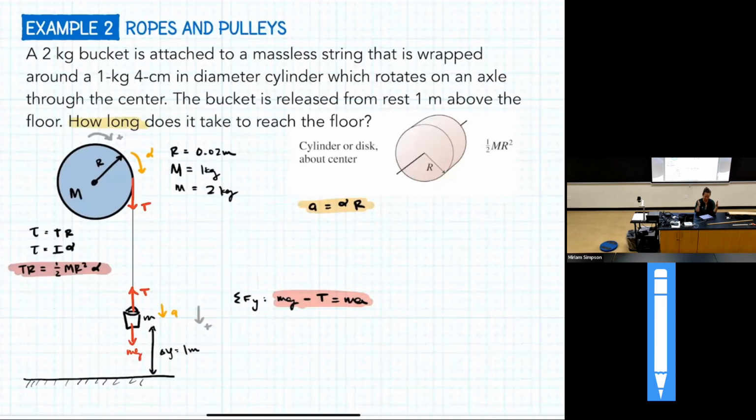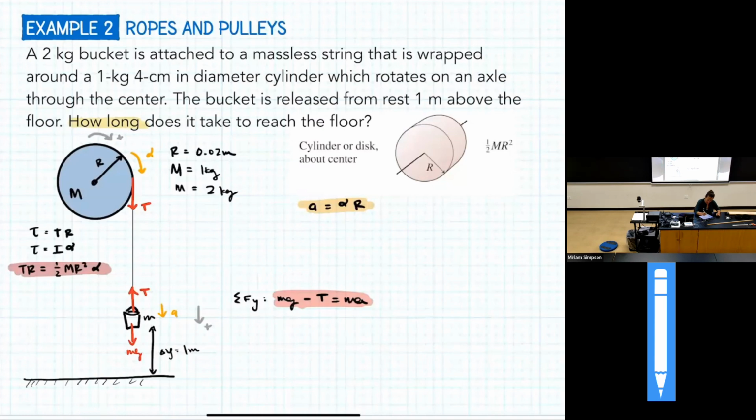So we have three equations. How many unknowns do we have? 3. So can we solve? And do we want angular acceleration or regular acceleration? Regular acceleration. So we're going to solve for regular acceleration, which is this. Okay. So to do that, we're going to take our three equations.